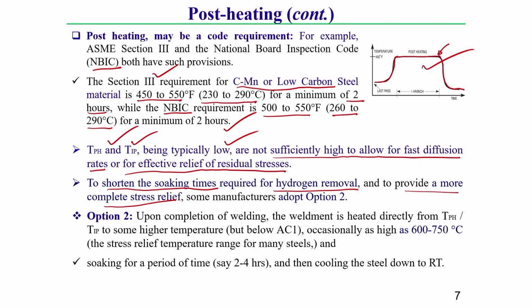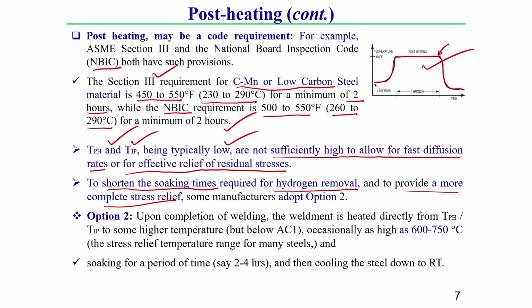What is option 2? In option 2, what do we do? Instead of holding the temperature within a range of around 230 degree centigrade, we raise the temperature to a somewhat higher level.